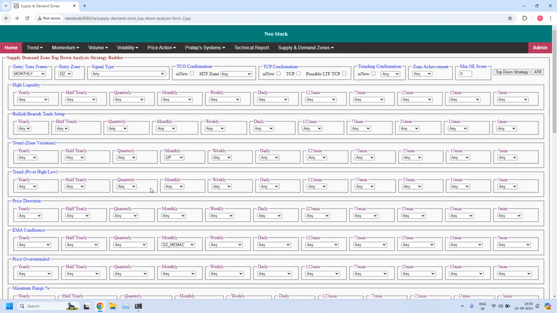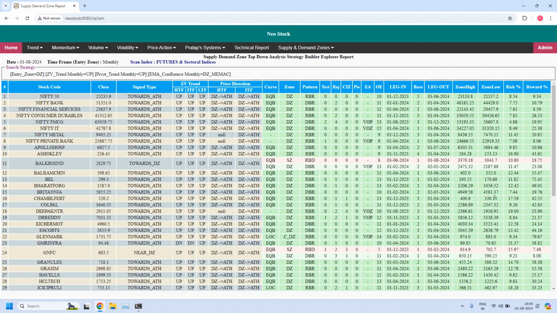Or the other possibility to further reduce is even swing high-low trend, because that is also a very powerful trend calculation technique. Even if this is also supporting uptrend in monthly time frame, then those stocks may be having a much higher probability scenario. Earlier we got 61. Now let me scroll the list down.